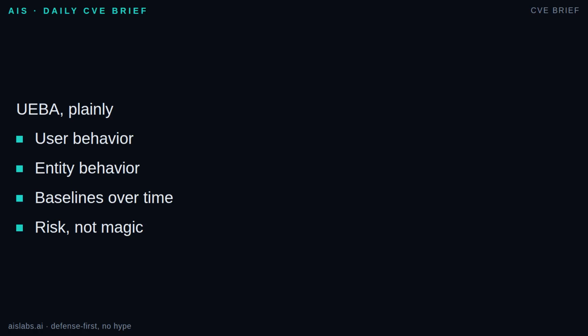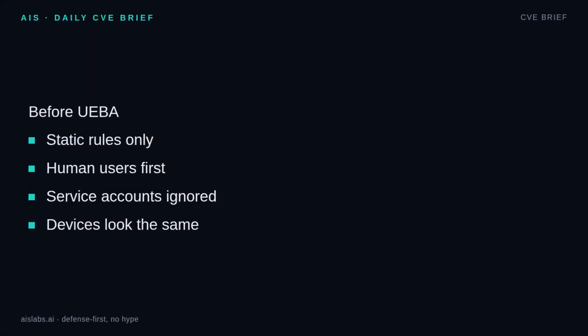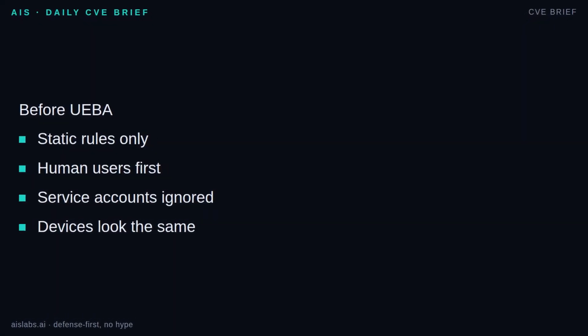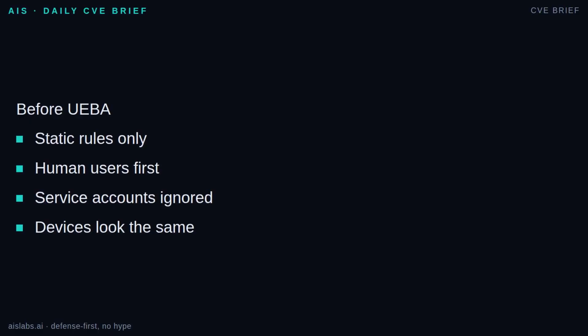An entity can be a laptop, server, printer, service account, application account, container host, or workload identity. Before entity-aware UEBA, many SOCs live on static rules: failed logins over a threshold, admin group change, malware alert. Those are useful, but they miss slow behavior changes. Service accounts are a classic gap.